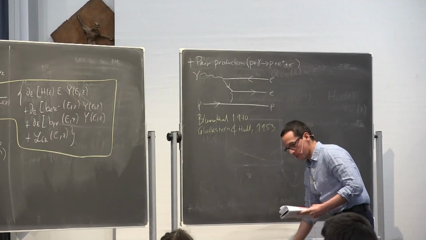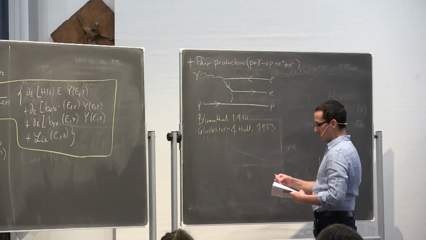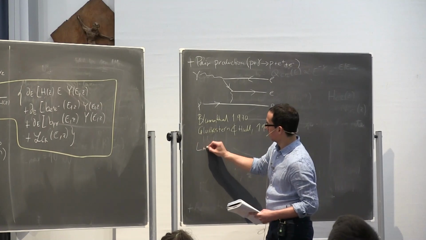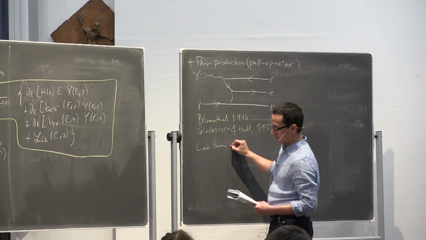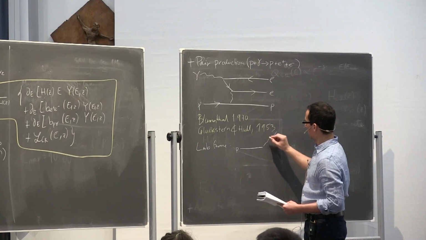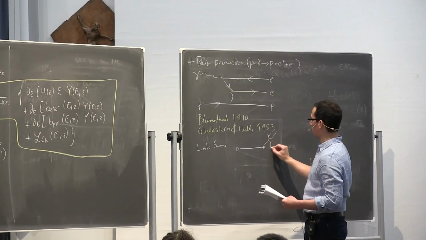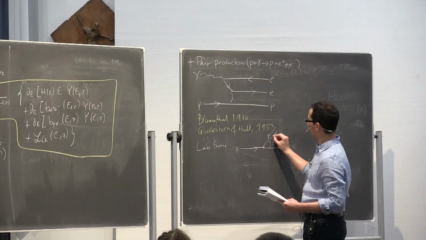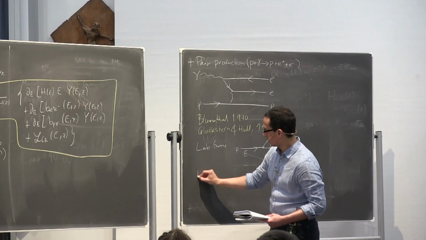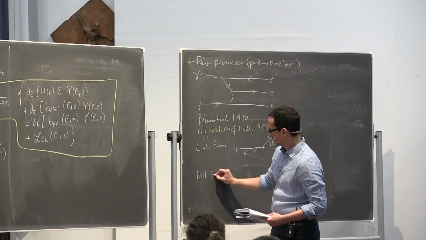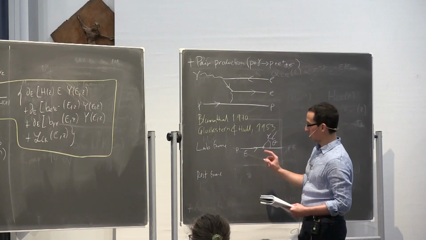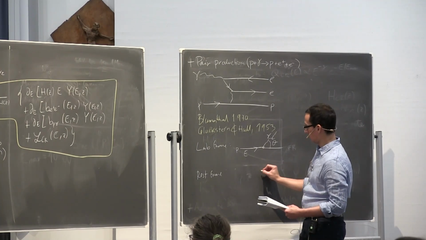Okay, so the calculation happens in two frames of reference. There's the lab frame, and in the lab frame, it looks like this. You have a proton that is incoming. It collides with also an incoming photon, and then they make an angle theta between them. This has initial energy E. And then in the rest frame of the proton, it looks like this. So we have the proton here.